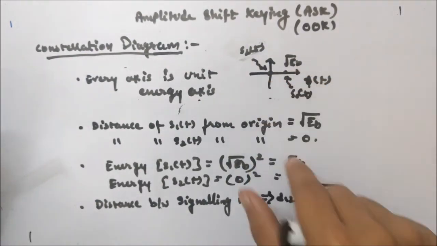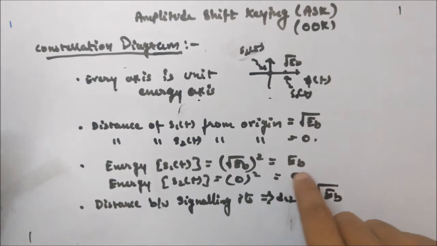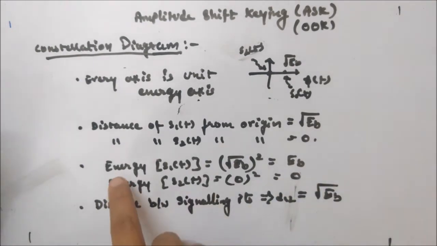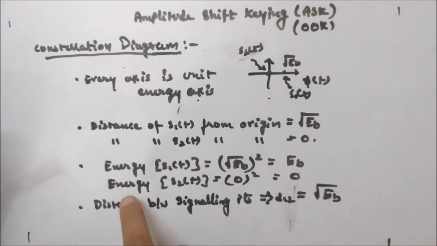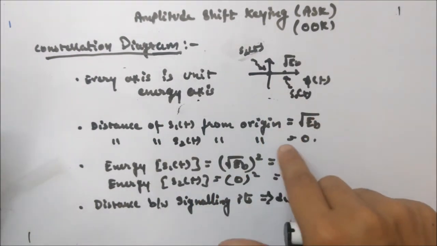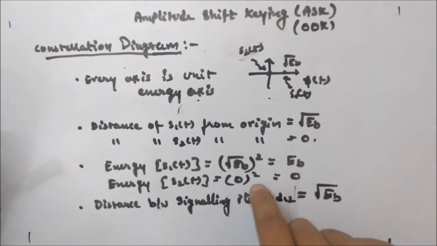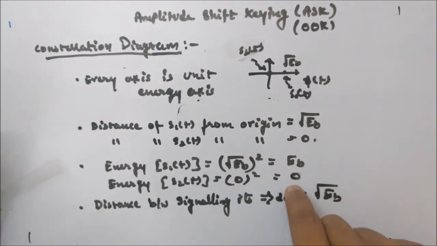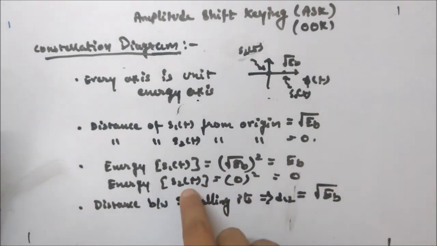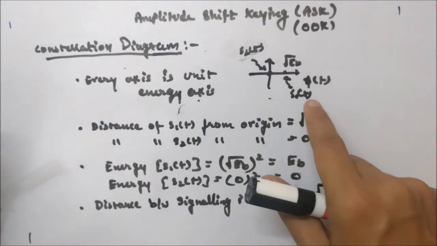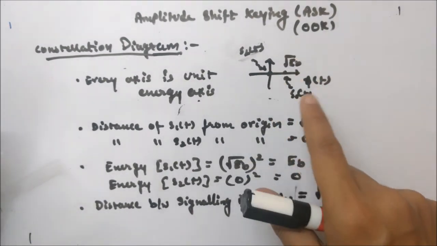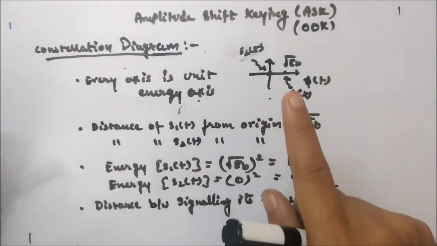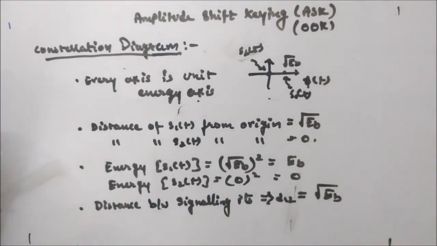The distance is under root EB, and if you take the square you will get EB. This is the energy per bit of S1t. Similarly for the energy of S2t, you take the distance from the origin, in this case it is 0, and take the square of it, you will get 0, which is the energy per bit of S2t. So this is the benefit of the constellation diagram. You can calculate the energy of the signal points.